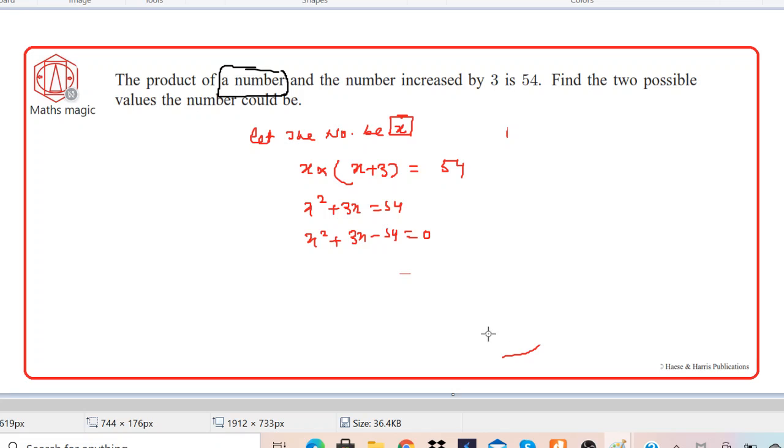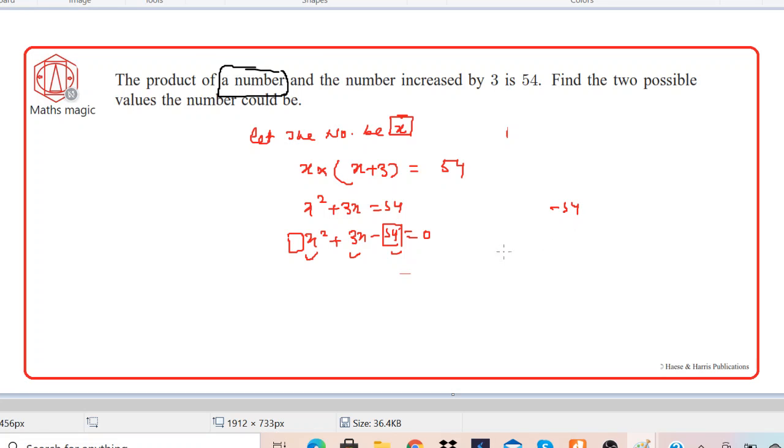You remember in the factorization technique, first of all you have to arrange the equation in order: first x square term, then x, and the constant. Now you have to multiply the constant term with the coefficient of x square. Over here we don't have any coefficient, so it remains negative 54 only.